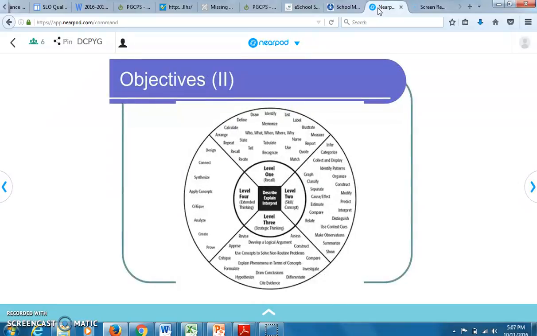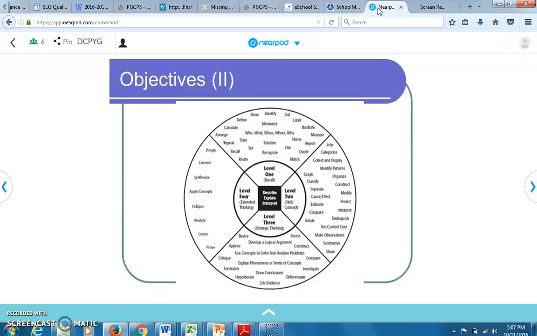So this shouldn't be foreign to us. Objectives. We use Webb's depth of knowledge in our school. We're not using Bloom's, we're using Webb's depth of knowledge. And they have keywords that are posted all over the place. They have level 1, level 2, 3, and 4. Different ways to add different words in and create different types of thinking.